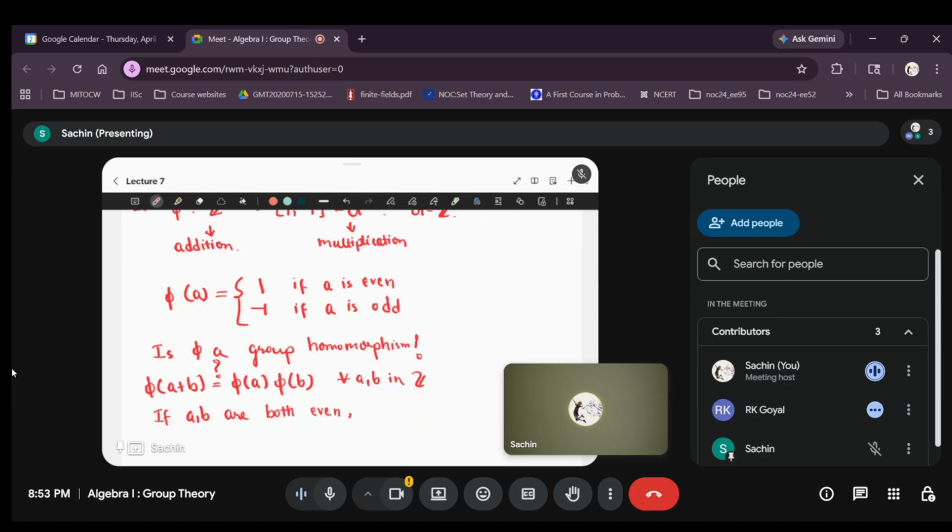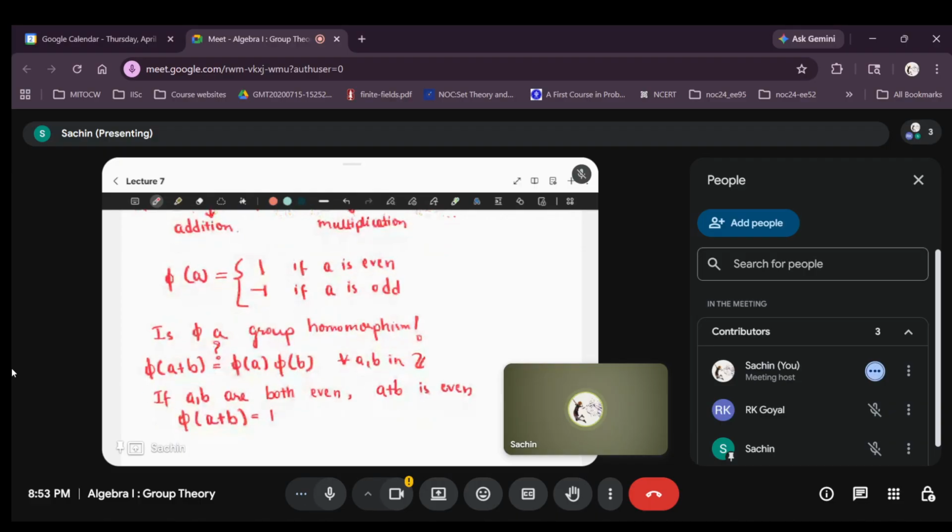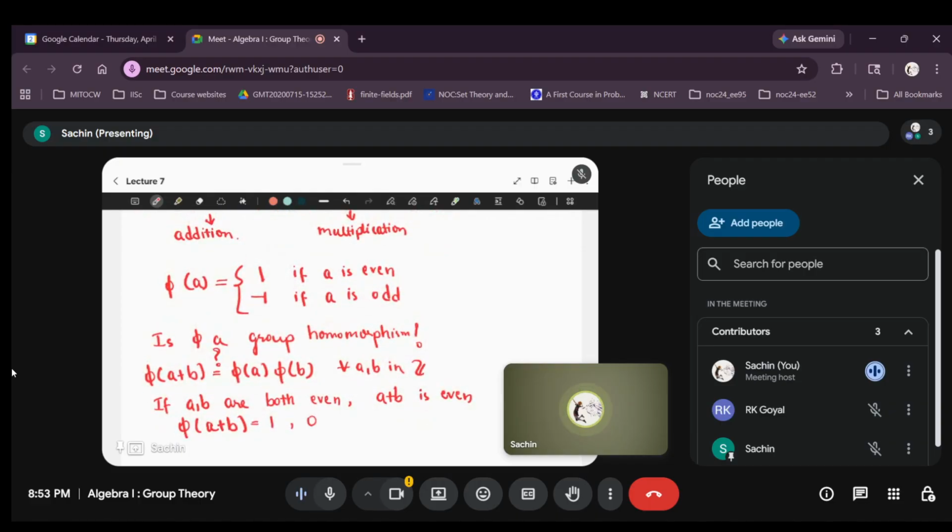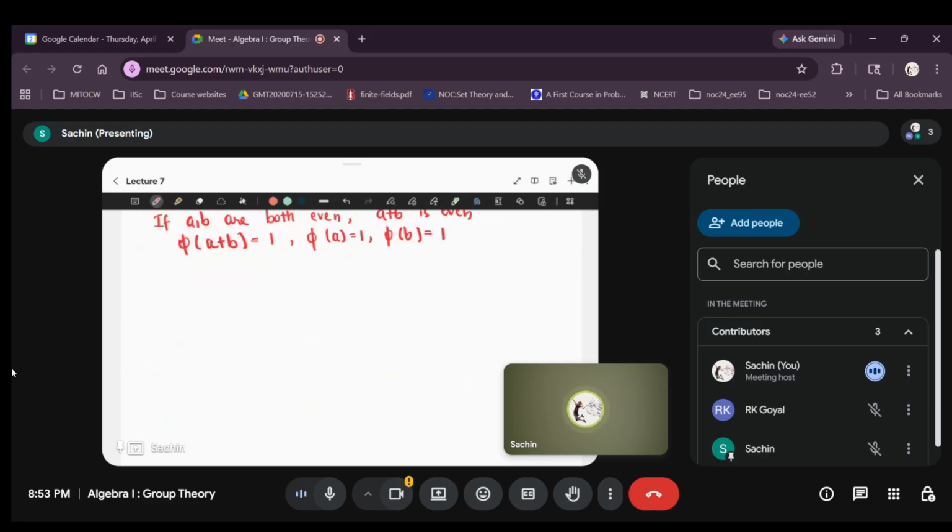So if a and b are both even, a plus b is even. So phi of a plus b is equal to 1. Phi of a is equal to 1 since a is even. Phi of b is equal to 1 since b is even.